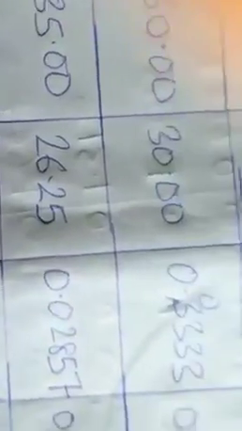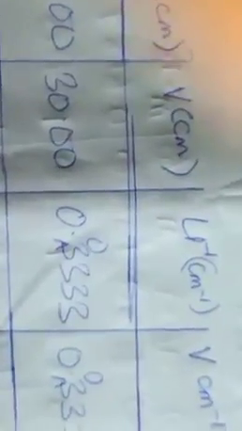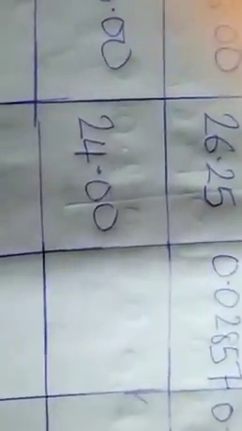So let's report our work. When U is 40 cm, our V becomes 24 cm. So we report 24.00 to 4 SF. We'll now go ahead to find our U inverse and V inverse.